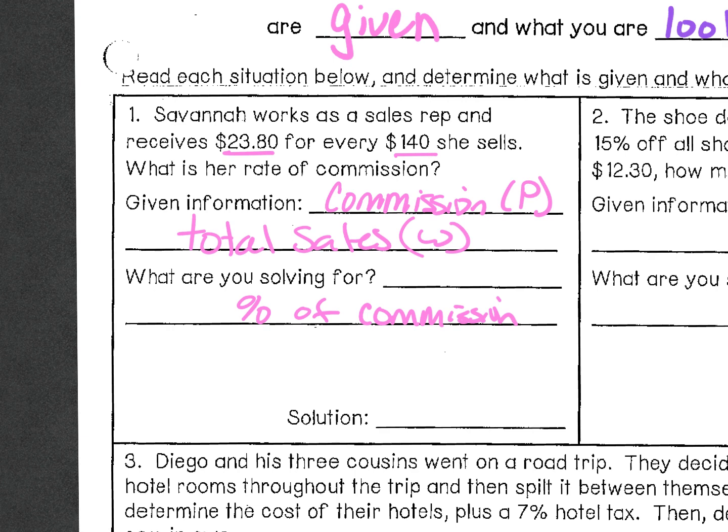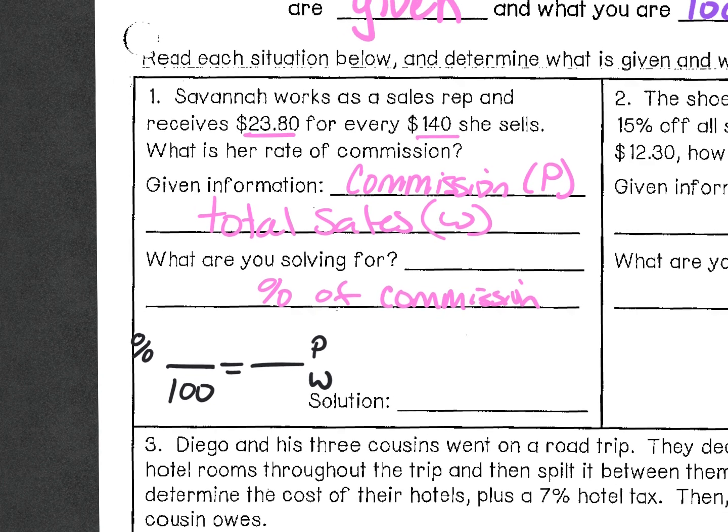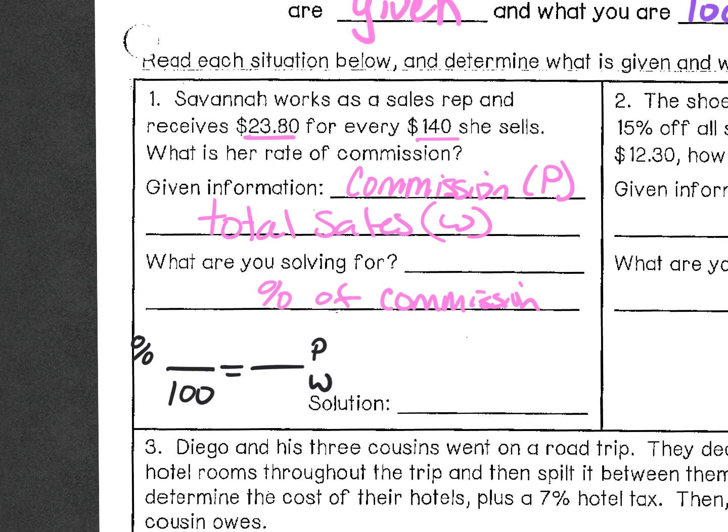Okay, so again, it doesn't change, which is kind of nice. Percent over 100 is equal to part over whole. Cannot use is over of. Okay. So we knew that our commission was our part. That's this guy here. And our sales was our whole. So it's going to be $23.80 over 140. And then our X is in the empty spot.